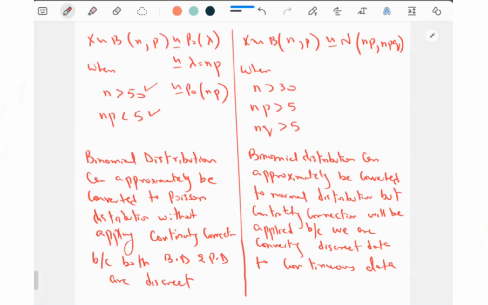Whereas X, which is a binomial distribution n comma p, can approximately be converted to normal distribution np comma npq. Np is mu, npq is variance, when n is greater than 30, np is greater than 5, nq is greater than 5. So binomial distribution can approximately be converted to normal distribution, but continuity correction will be applied because we are converting discrete data into continuous data.